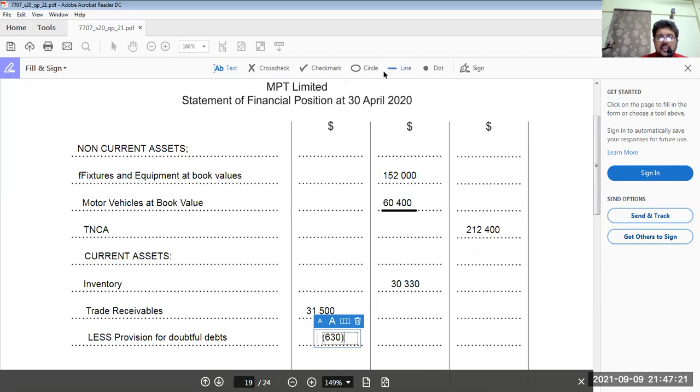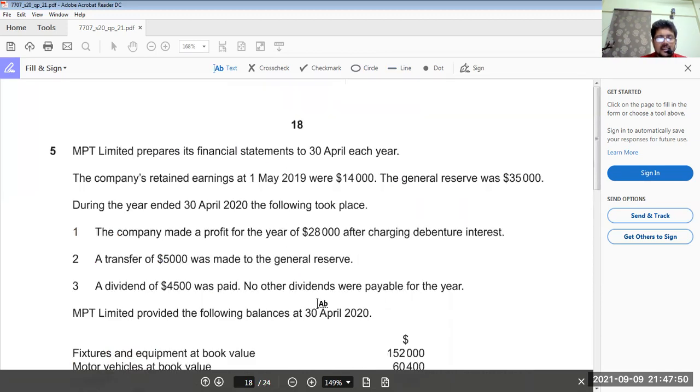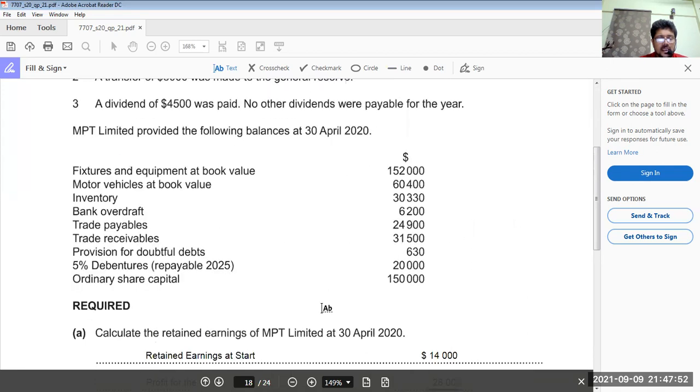Then the net trade receivable would be reported over here, which would be how much? 31,500 minus 630, 30,870. Okay. Any other current asset?